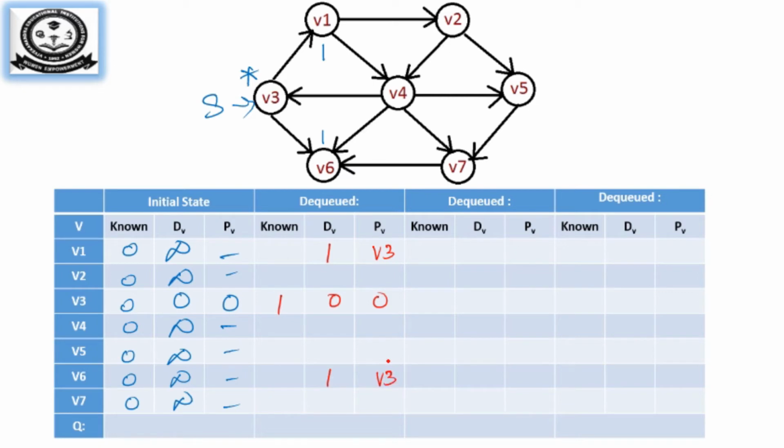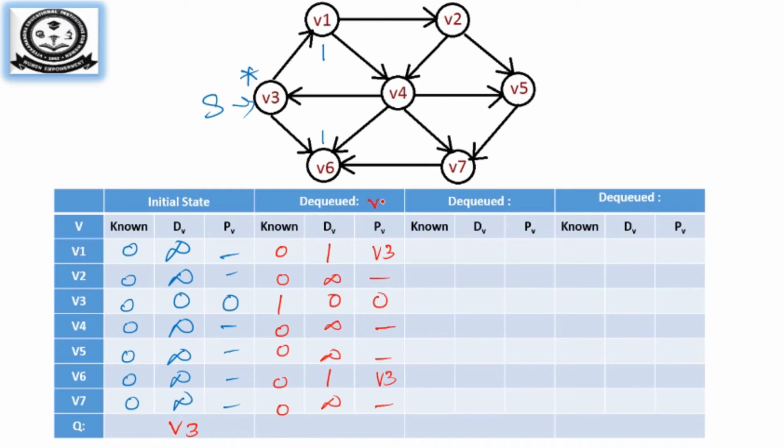So why are we calculating with the previous vertex? Because we are going to calculate from the starting vertex to every other vertex. Now the rest of the vertices are going to be the same, so you will update. It is going to be 0, 0, 0, 0, 0 and 0. Their distances are going to be infinite only. So the distance has still not been calculated. So here we have made V3 the first vertex.